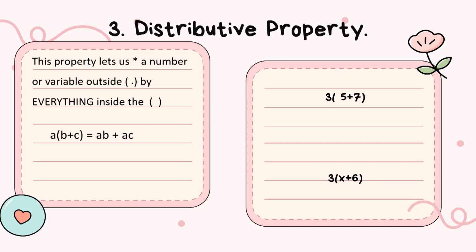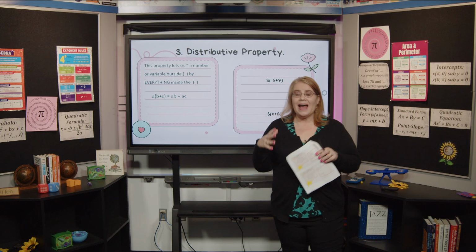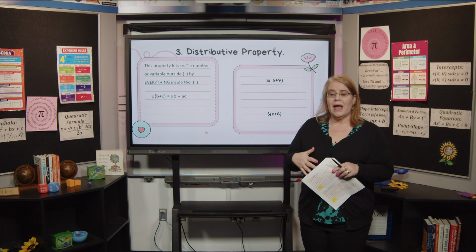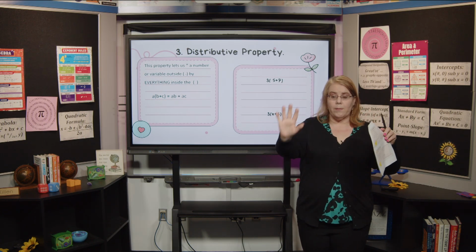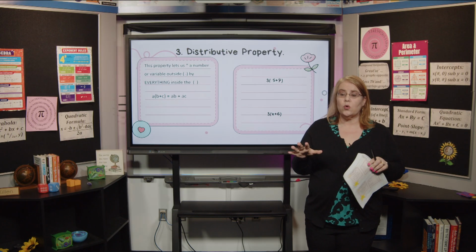My next property is the distributive property. Now, I'm going to give you a little scenario about this distributive property. Okay, think I'm a chip company, okay? And you and your table partner, or you and the people around you, are different stores.